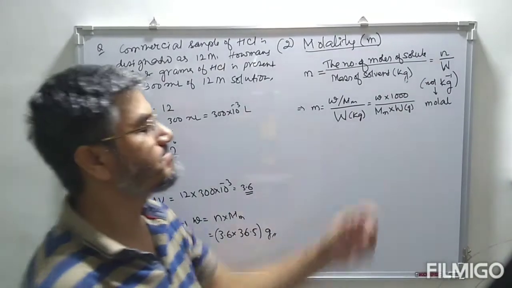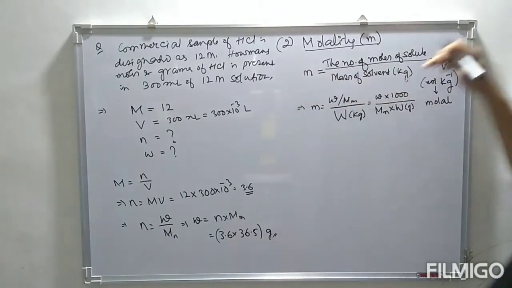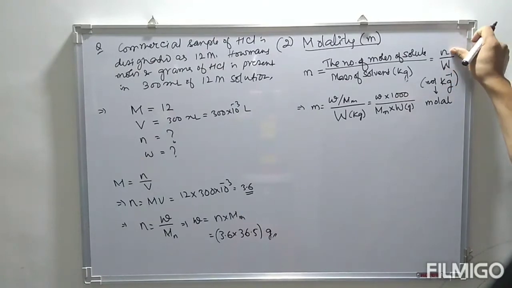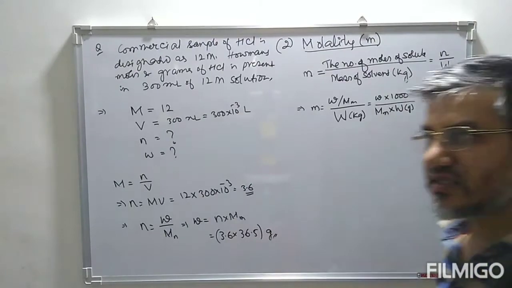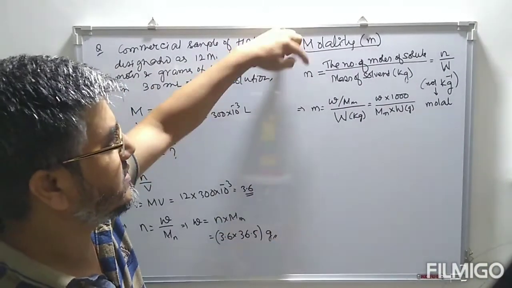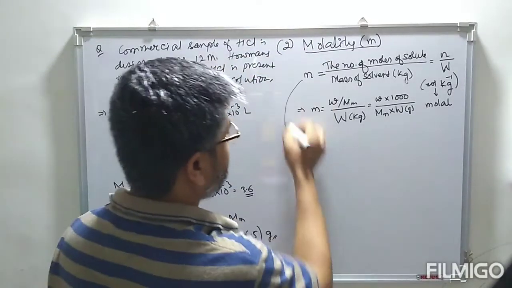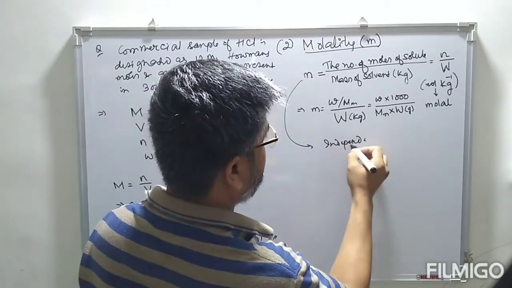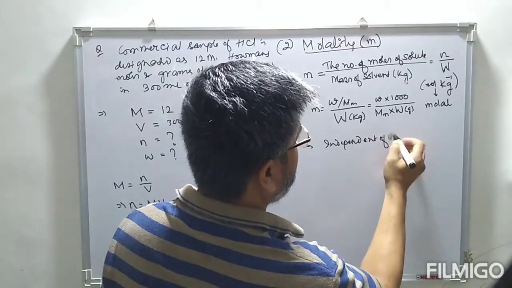Now if you look at the expression of molality, number of moles divided by mass of solvent, the number of moles is temperature independent. Mass is again temperature independent. So this method of concentration, that is molality, is independent of temperature.